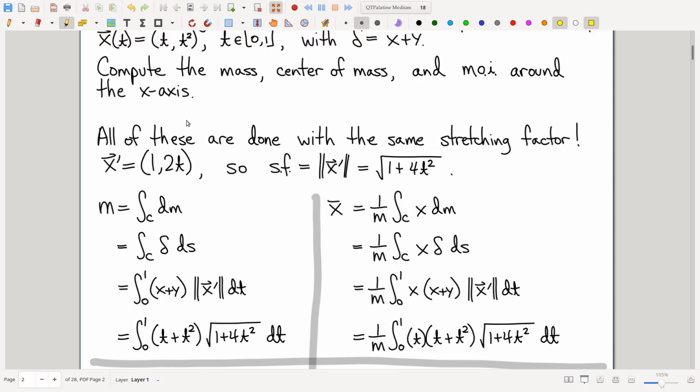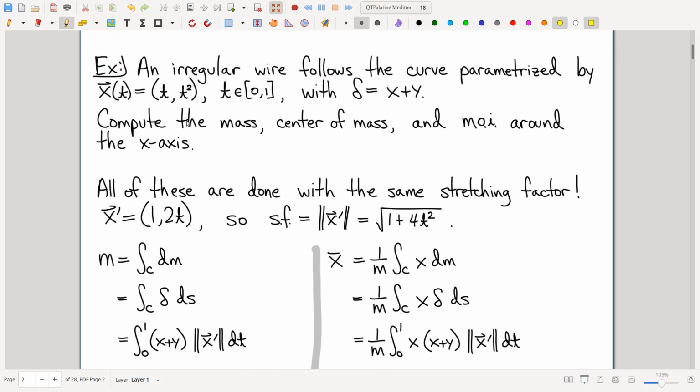Okay. All right, now back up real quick. Notice the question actually asks us for several things. It asks us for the mass and the center of mass and the moment of inertia around a certain axis. So, oh my gosh, we've got to do a whole bunch of separate calculations here, and each one of these, of course, will be a different calculation, but each one of these will use a lot of the same stuff. Each one of these calculations is an accumulating quantity that's done over a domain.